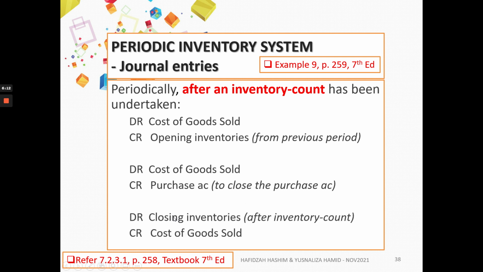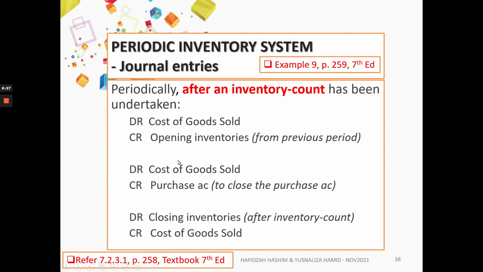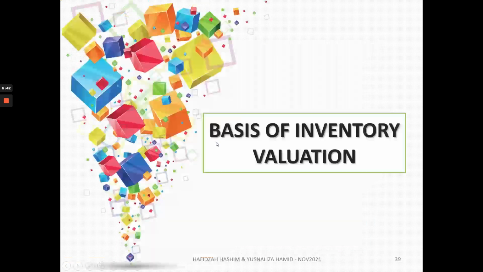Next, the closing inventories after the inventory count will be debited and credited to cost of goods sold. You can refer to the example at page 259, and you can also go through your earlier study notes that you may have kept, and make your revision on this.